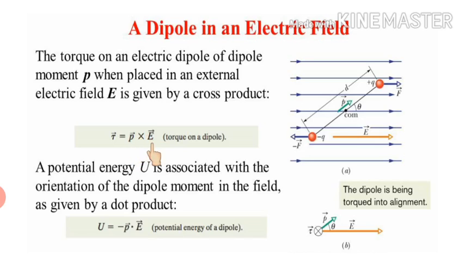So the cross product of these two gives us the torque acting on this electric dipole. And as it is the cross product, the direction of torque will be perpendicular to the plane containing dipole moment and electric field. And how we have derived this, I have already explained in my previous video, so you can go through that video.